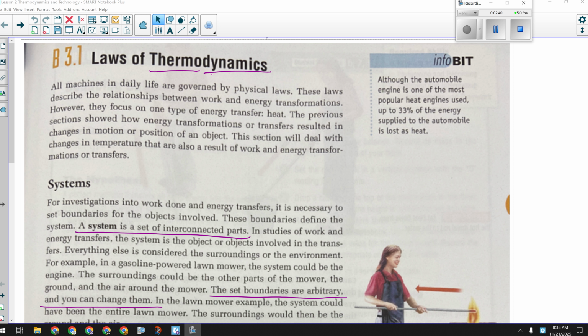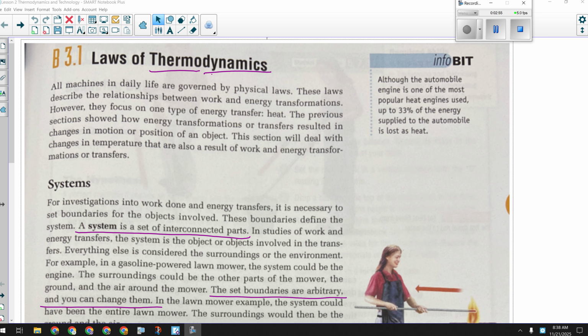Now, if I wanted to redefine that, I could say this room is a system, okay? And the rest of the school would be the surroundings. Right? That's what they mean by arbitrary. I can define the boundaries anywhere I want. Okay? I just then have to go, okay, energy is here, that's the system. Energy is out here, that's the surroundings. Okay? Everybody kind of with me on that?